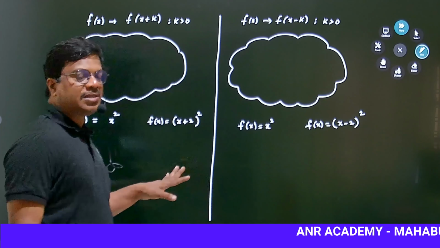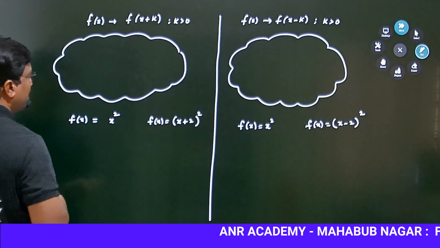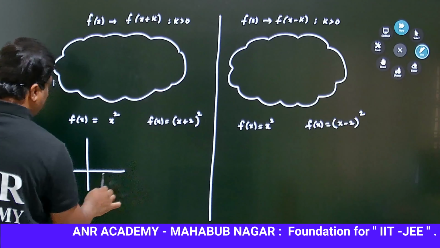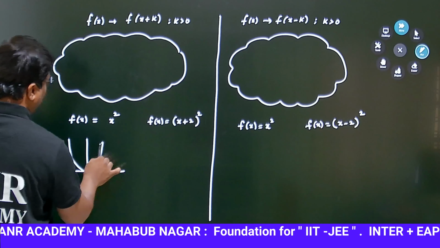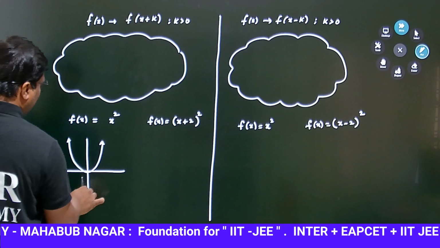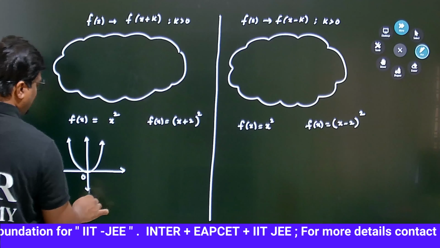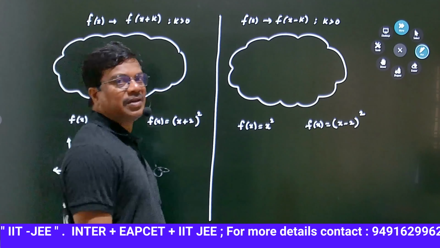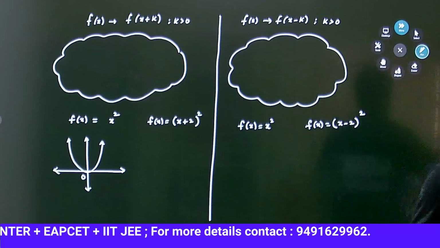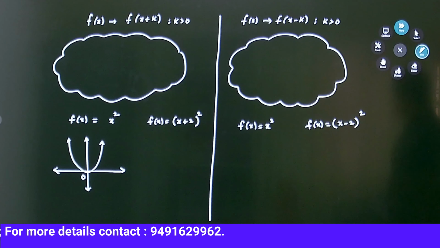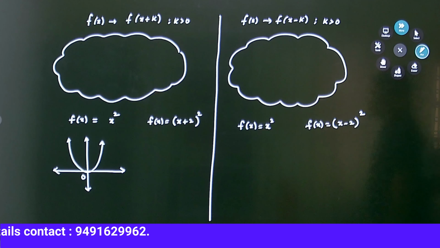First, let us observe the difference and then we go for the condition. You know that y equal to x square, that indicates a parabola, it is passing through origin. This is the graph of y equal to x square, right? And next you have to draw the graph of y equal to x plus 2 whole square.